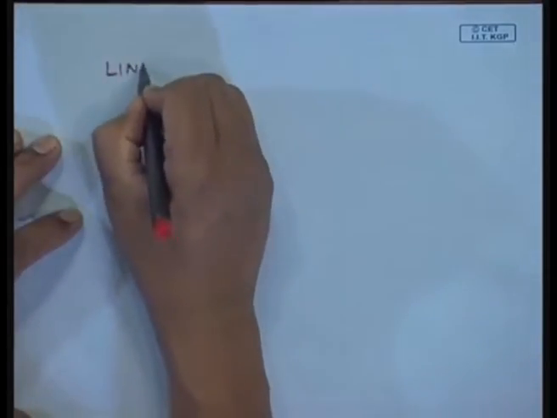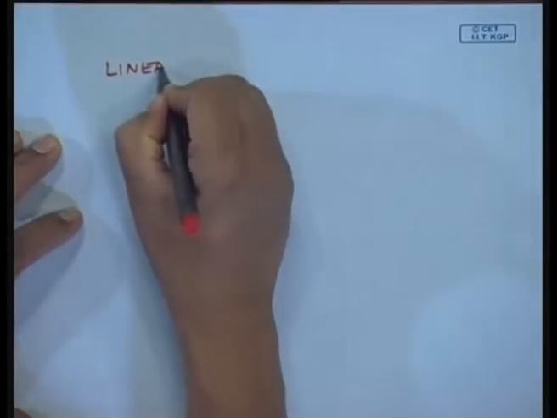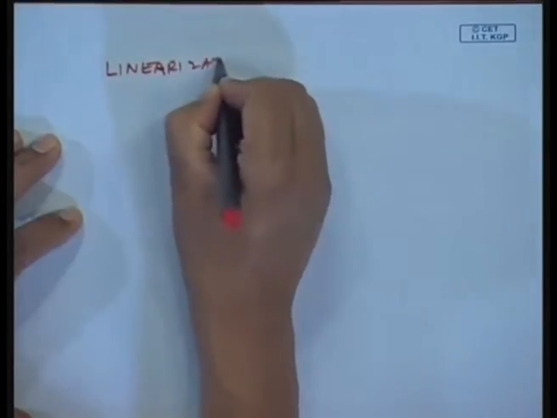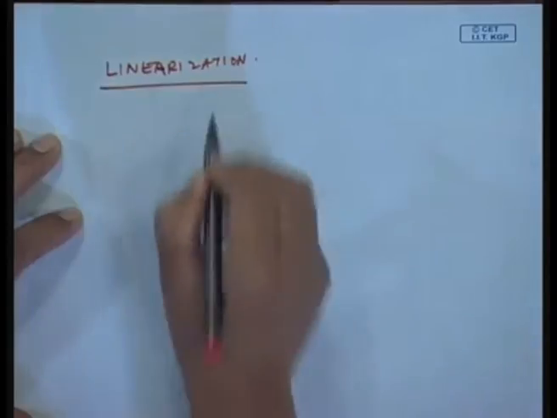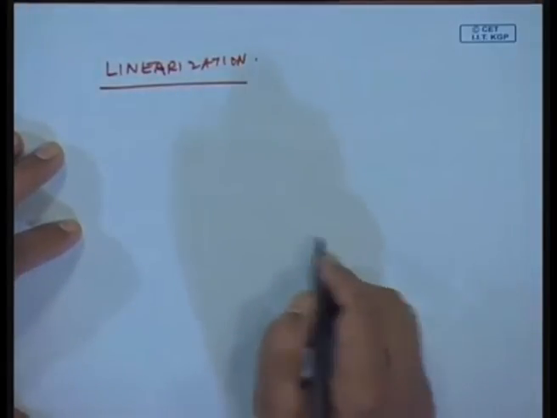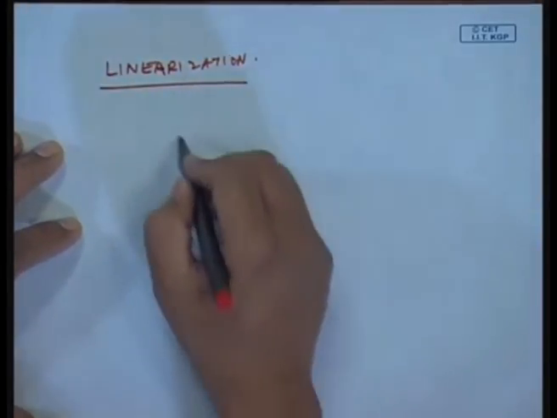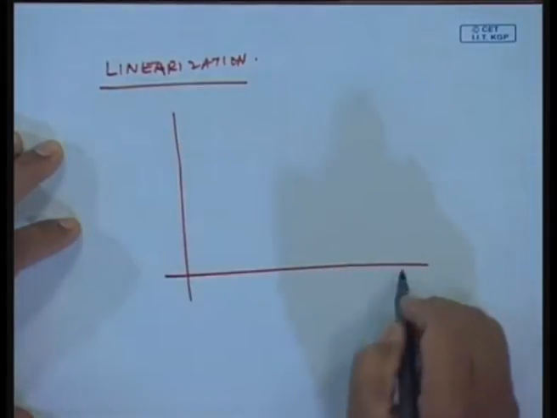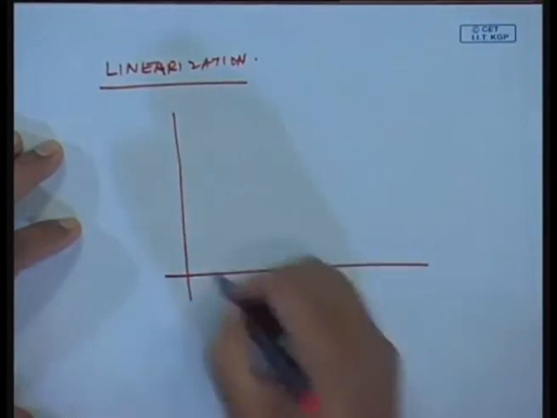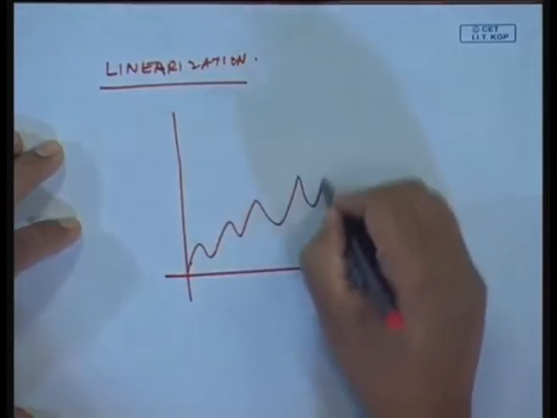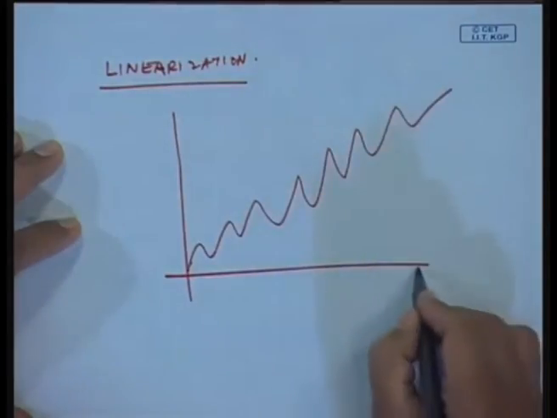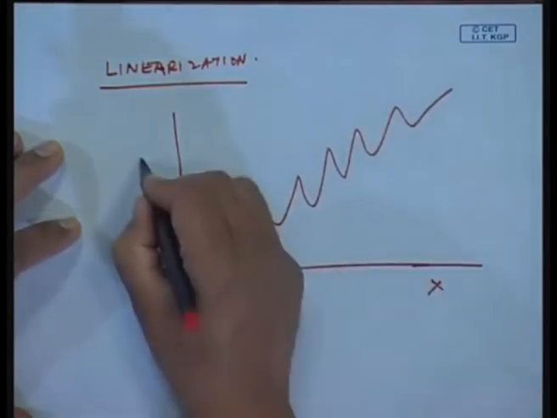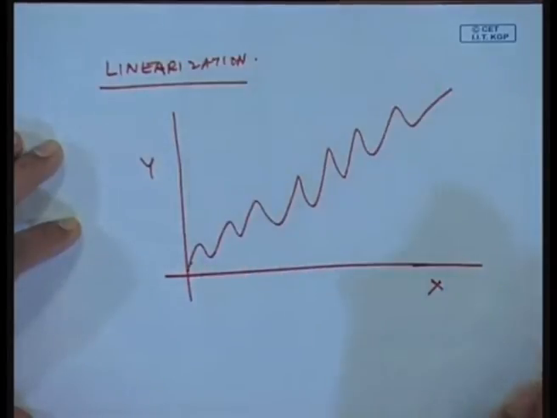A few more amplification units are, say, linearization. Particularly in some strain gauges, etc., the outputs are not linear. Suppose my output with time or over a certain range is some x and y parameter. This is my output.